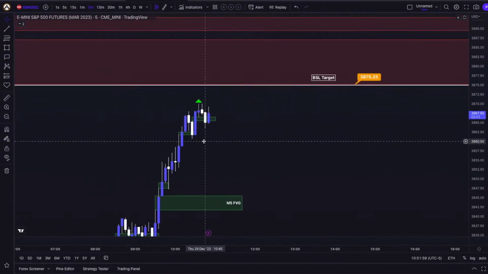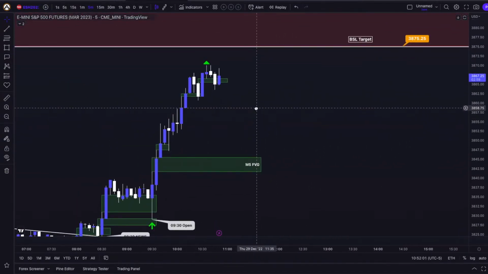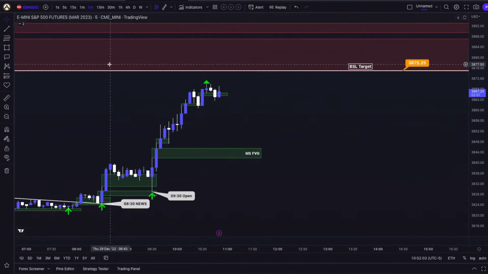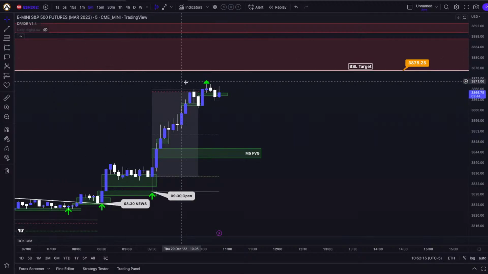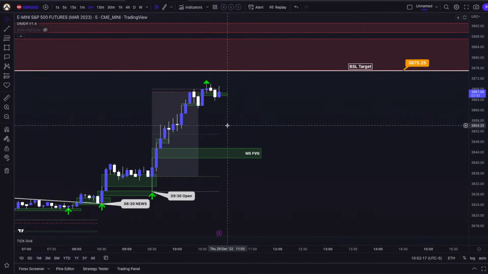Now the question is just that we're looking for a nice entry, because there is, hang on, let me actually turn on the DR IDR. Okay, let it load. Okay, here we go. So for an expansion model, we could actually be looking to take an entry up high for this quick scalp into our buy side liquidity.